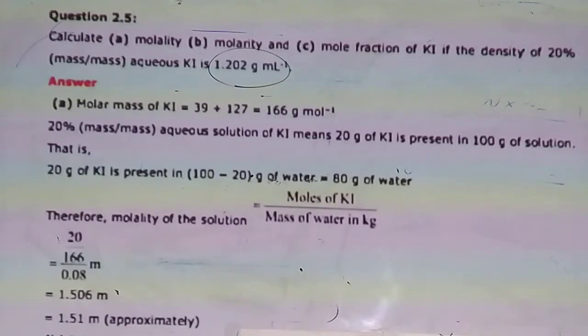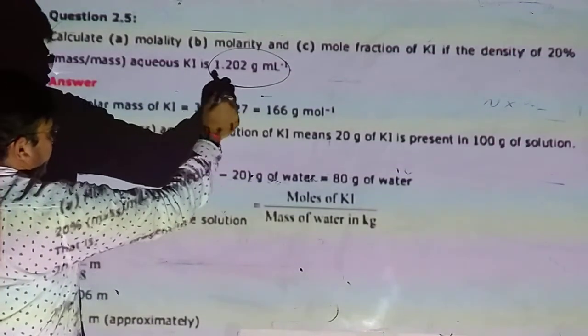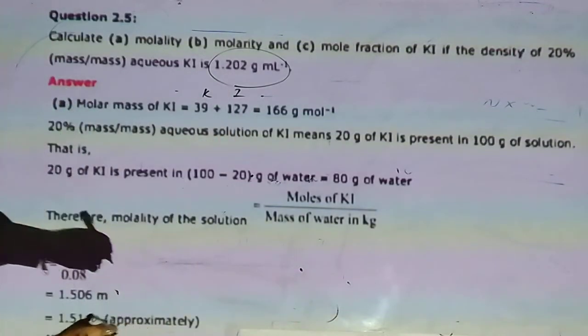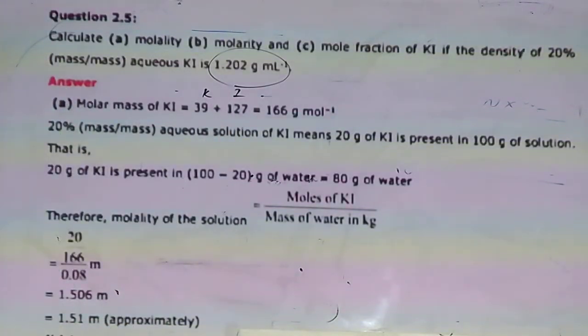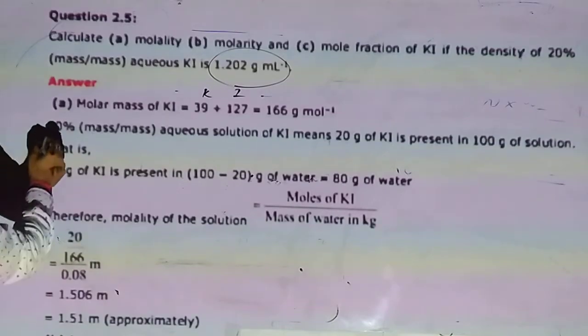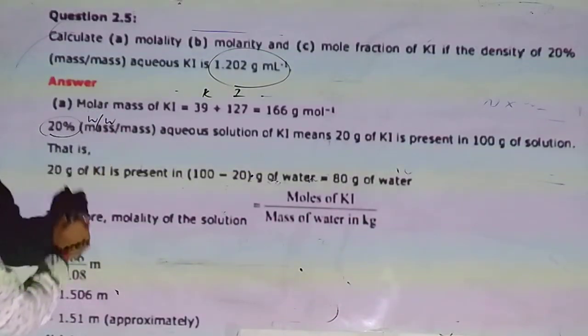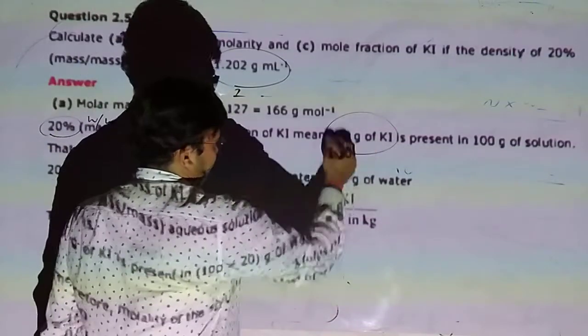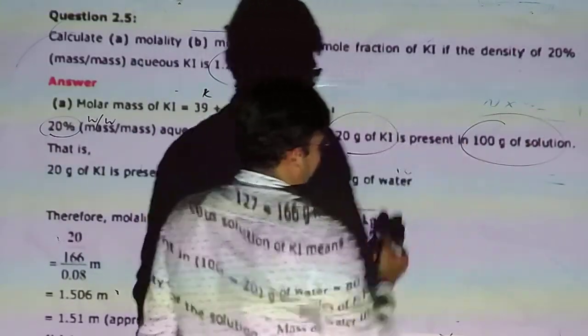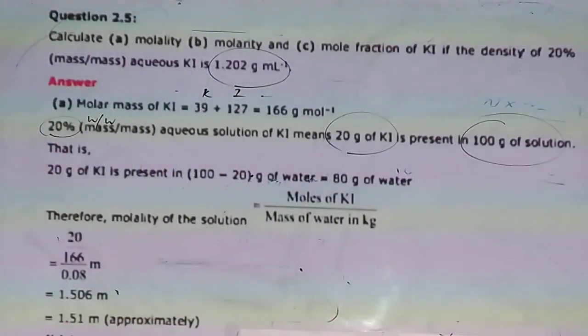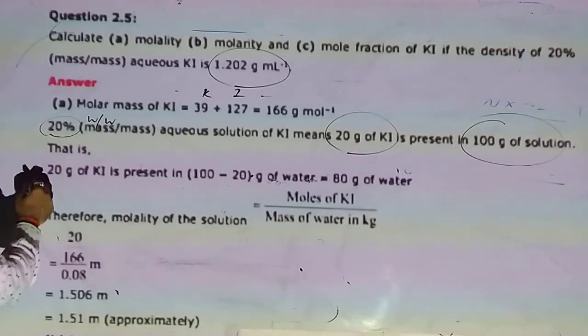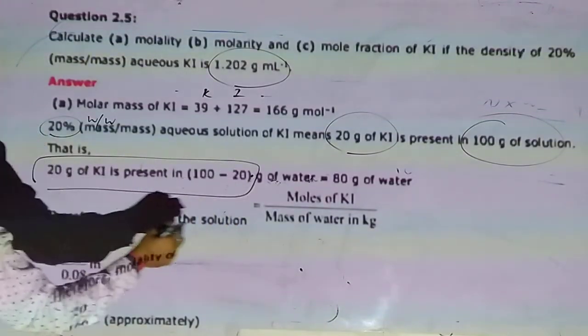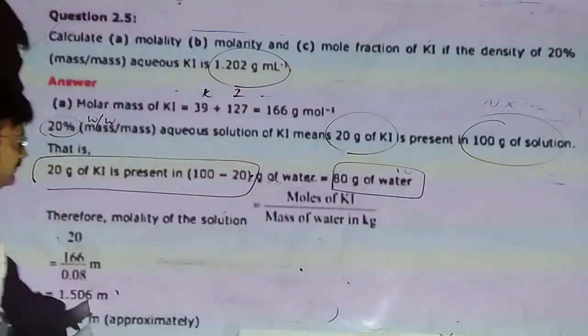Here the molar mass of KI: first 39 for potassium, 127 for iodine, so 166 is the molecular mass. 20% weight by weight means 20 gram of potassium iodide out of 100 gram solution. So the mass of the solvent is 100 minus 20, so 80 gram.